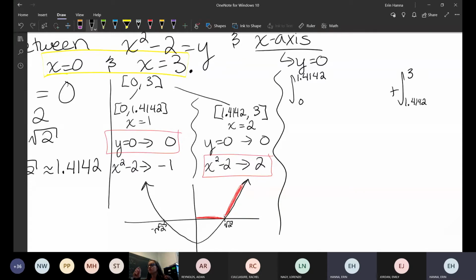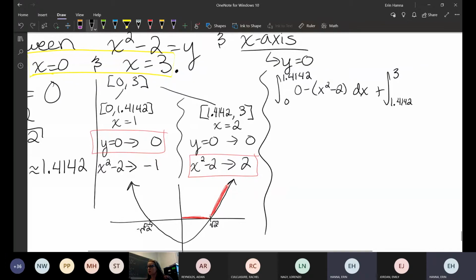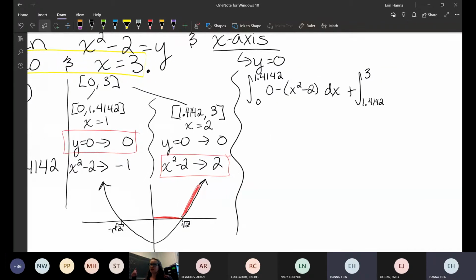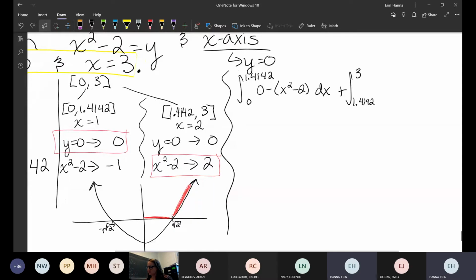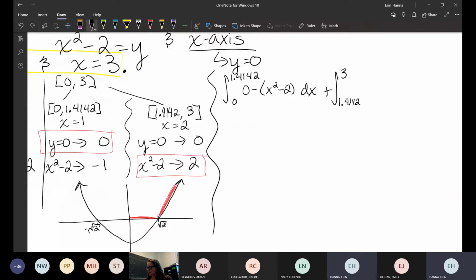So in the first integral, the top function was y equals 0. So we have 0 minus (x squared minus 2). Now this is one of those cases where it's very important that you put the bottom function in parentheses, or else you're going to get the wrong number. I always just suggest putting the bottom function in parentheses always, just to save yourself some grief. But this would be a case where it's very important.